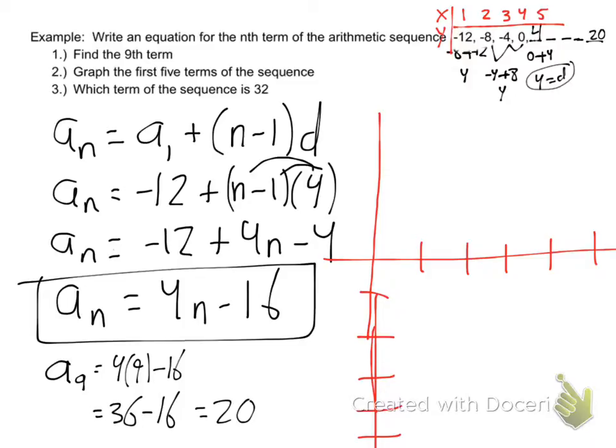Do not have enough room. 1, 2, 3, 4, 5. I'm gonna go by 2s, and I still don't have enough room for 1, right? If I'm gonna go by 2s on there, but only go by 1s on the x. 2, negative 8 would be there. 3, negative 4.